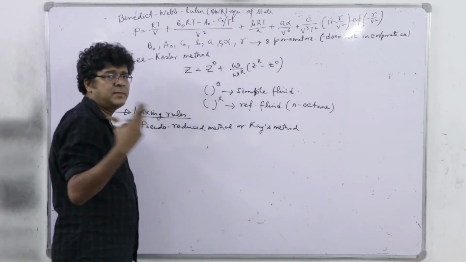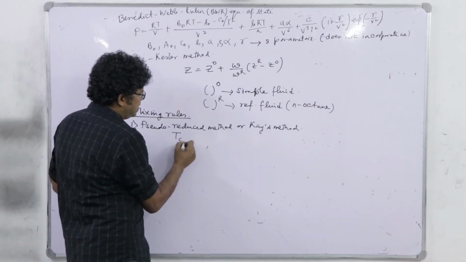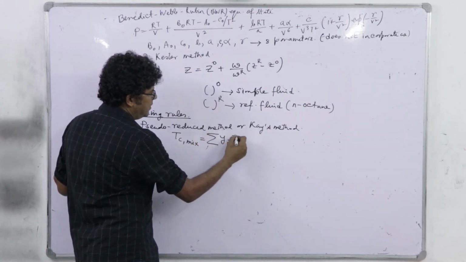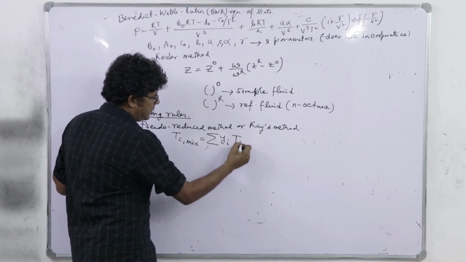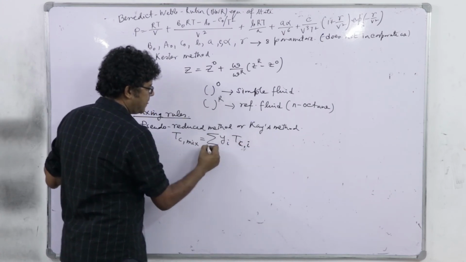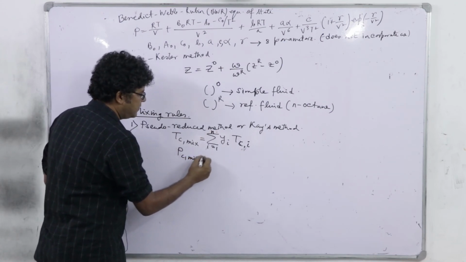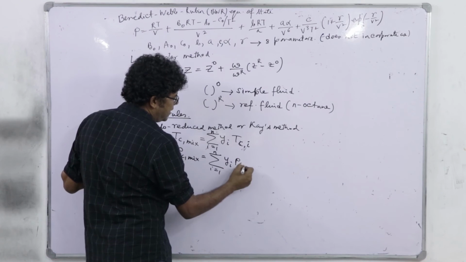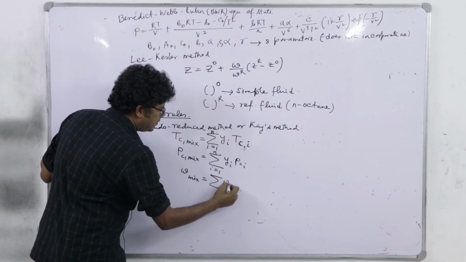Here the mixture is considered as a pseudo pure species, and TC mix is considered as a linearly weighted average of TCi, i equal to 1 to n, the total number of components. PC mix is simply the sum for i equal to 1 to n of yi into PCi, and omega mix is the sum of omega i into yi.